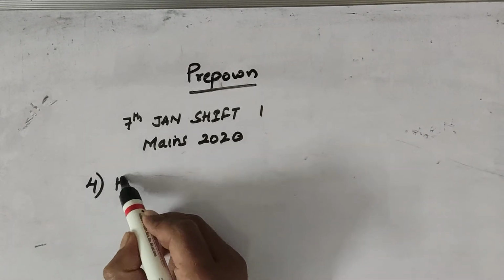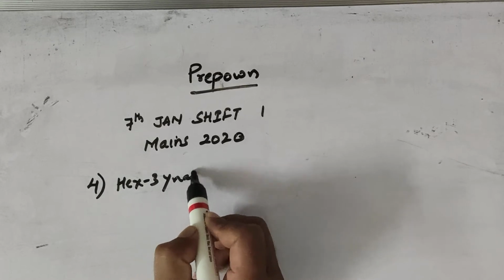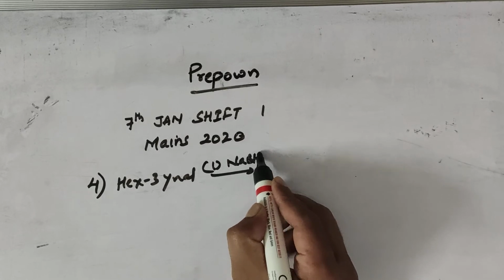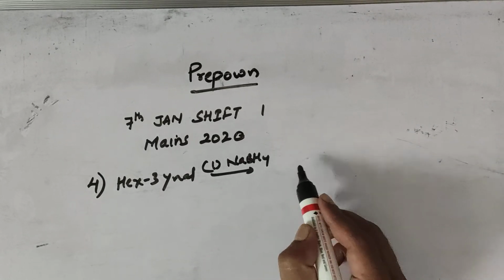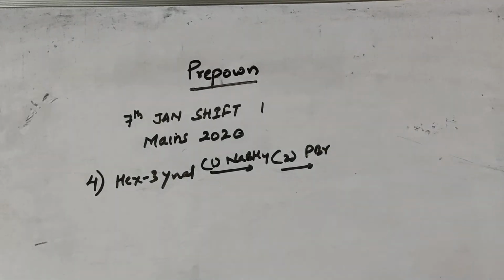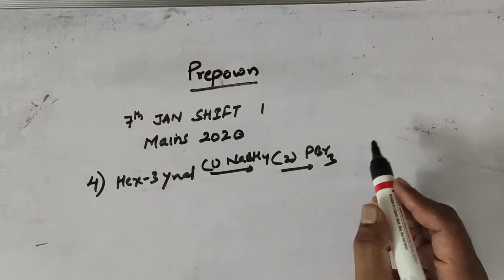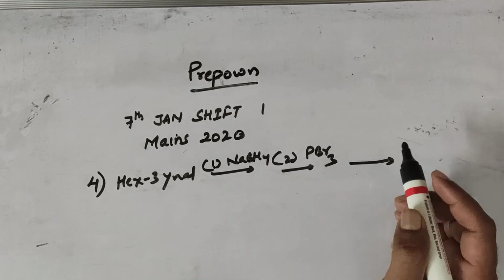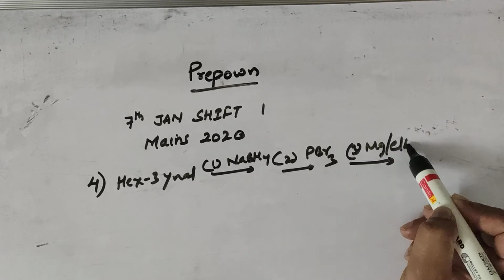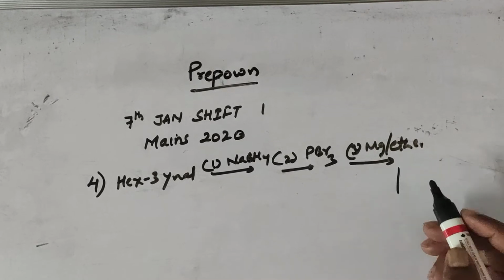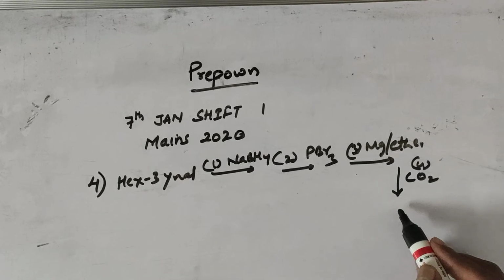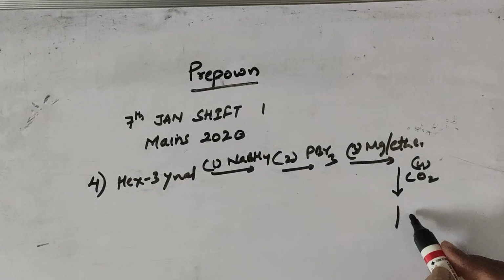The question says hex-3-yn-al on reaction with NaBH4 as the first reagent gives a compound which on further reaction with PBr3 gives the next compound, which on further reaction with the third reagent, magnesium in ether, which further reacts with CO2, which further reacts with H+.